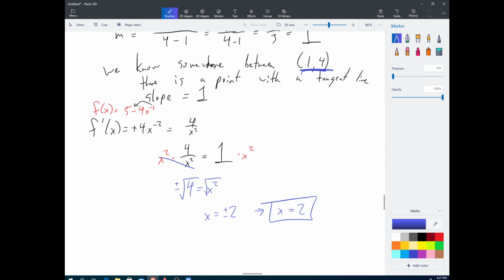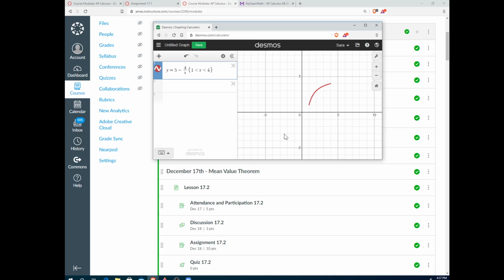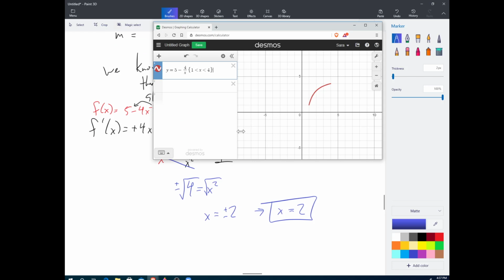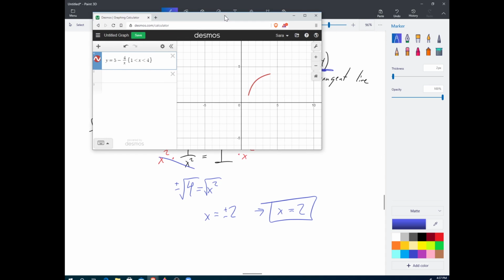And I want this from, I'm going to put in my condition, going from 1 to 4. Now, I'm not going to have the full equation here, because so far I've found a slope, so I haven't found the plus b part of it yet.